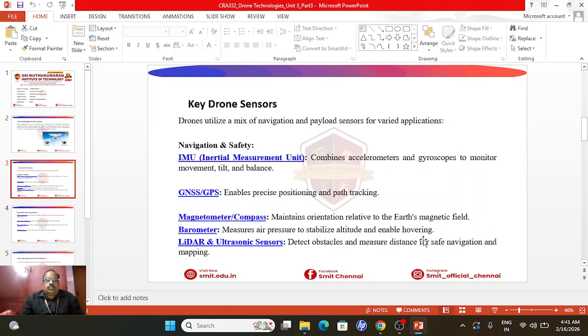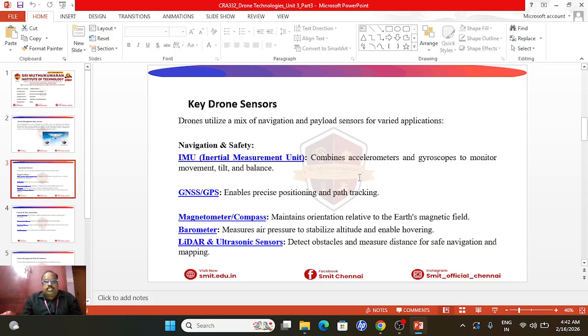Coming to the drone sensors, the drones utilize a mix of navigation and payload sensors for varied applications. First and foremost, we have navigation and safety. The inertial measuring unit combines accelerometers as well as gyroscopes to monitor the movement, so how the drones tilt and balance.